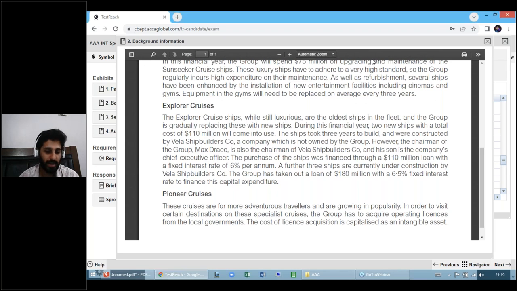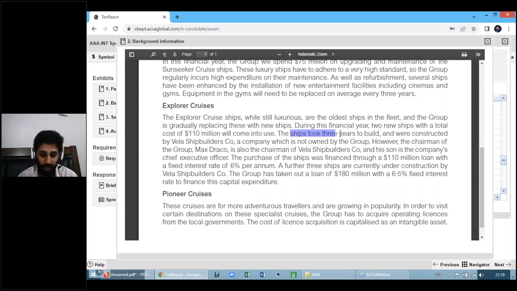I'm not going to read this information here. The Explorer cruise ships, while still luxurious, are the oldest in the fleet, and the group is gradually replacing these with new ships. During this financial year, 2 new ships with a total cost of 110 will come into use.